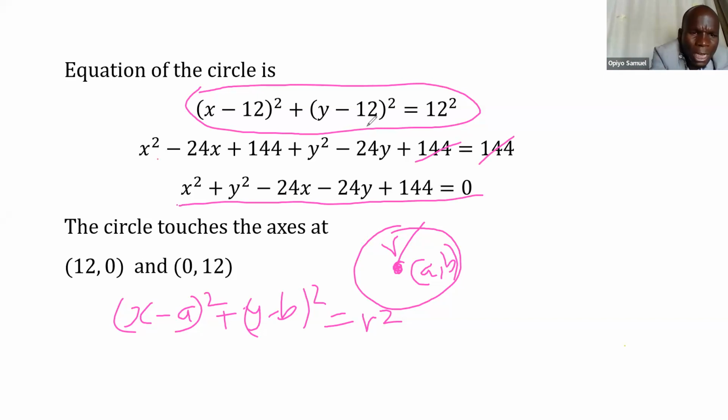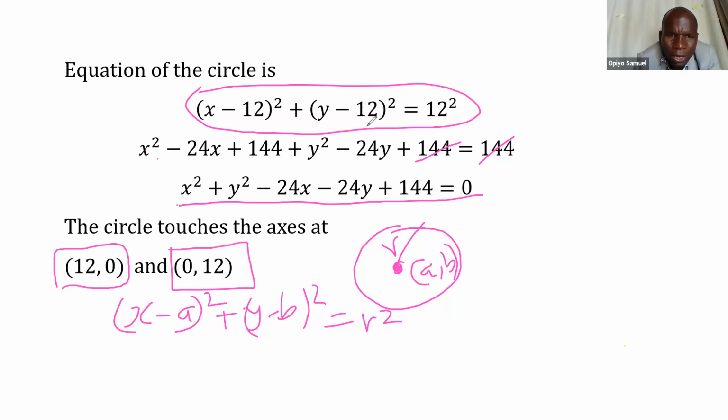Now the circle touches the axis at, you write the coordinates at the x-axis, which is (12, 0), and also the coordinate at the y-axis, which is (0, 12). So those are the points where the circle touches the axis.